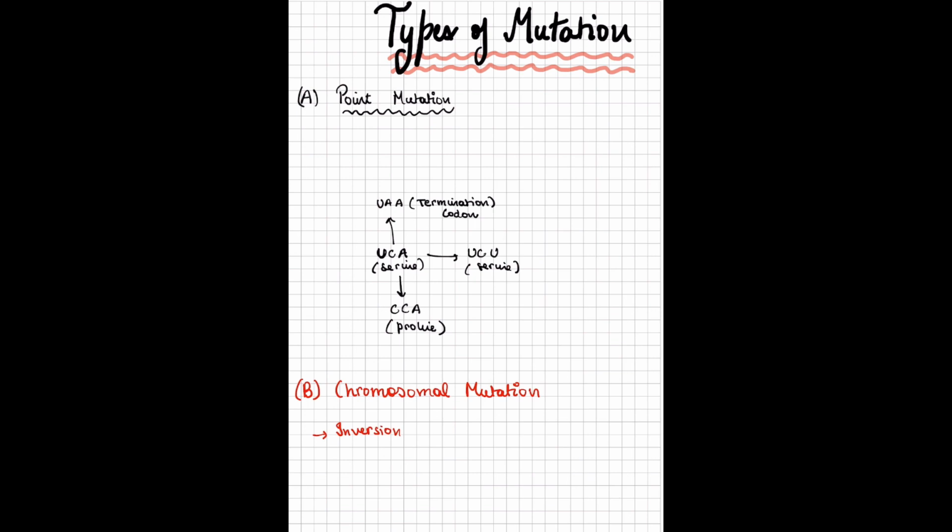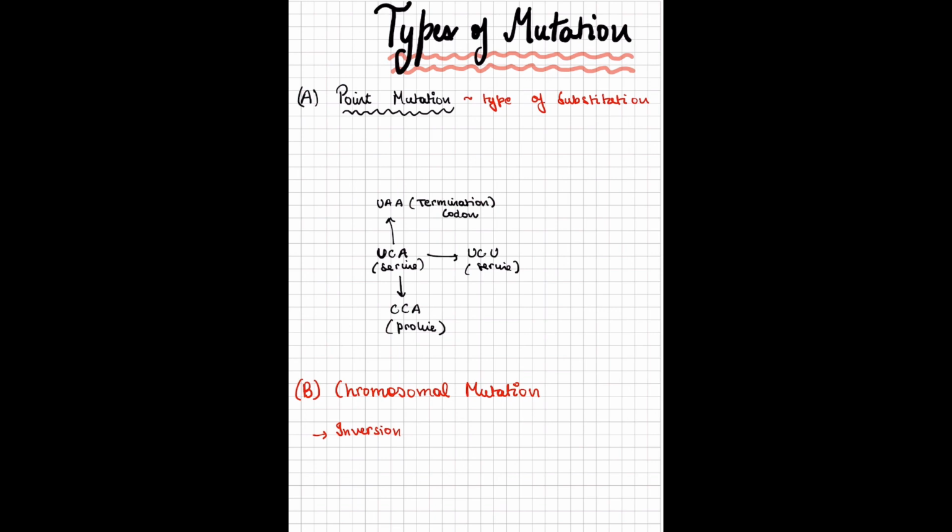In point mutation, a single nitrogenous base pair is substituted by another nitrogenous base pair. So, point mutation is a type of substitution, right? One base pair is substituted by another base pair.